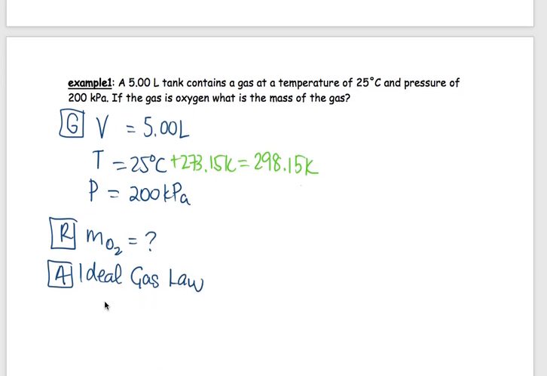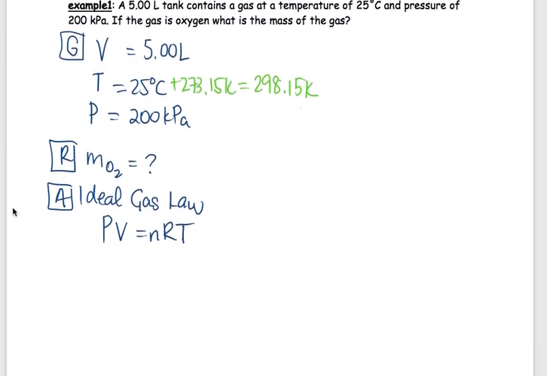Okay, so PV equals nRT. So there's the ideal gas law. What you want to do here is get the mass eventually. So in order to get to mass, we can get moles first, and then find mass using this formula here.